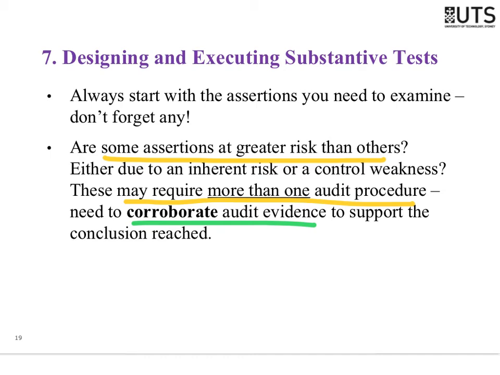Because if you have more evidence that's leading to the same conclusion, you're more confident in that conclusion. And the higher the risk, the more confident you want to be in the conclusion regarding that area, okay? So again, all of this is quite logical, right? So I'm just trying to emphasize parts of it, but it is quite logical.